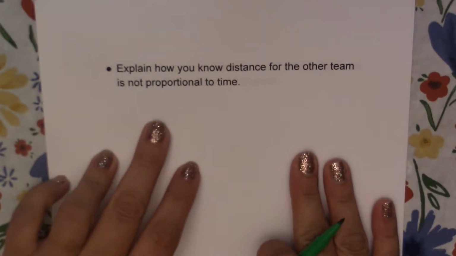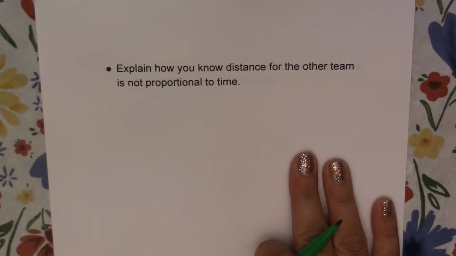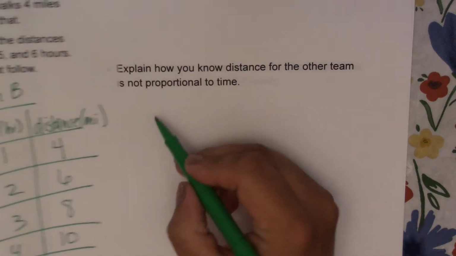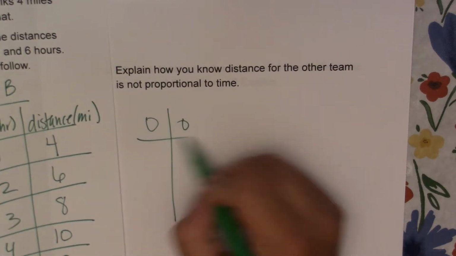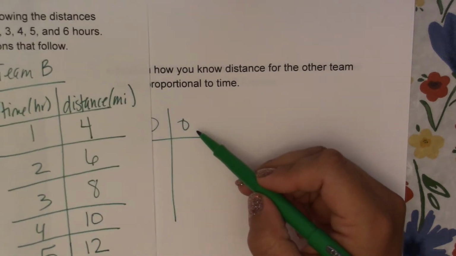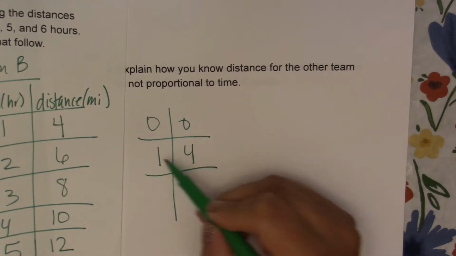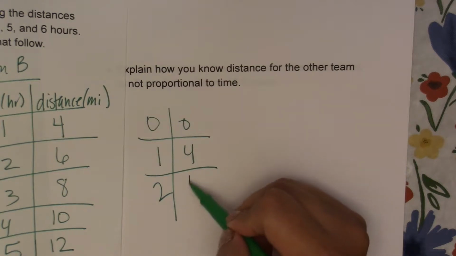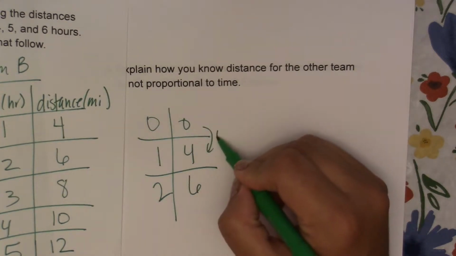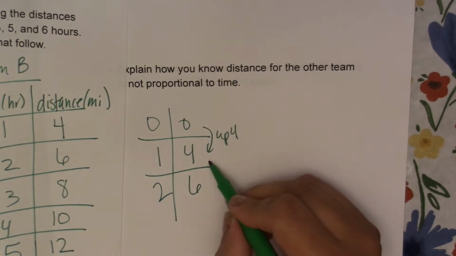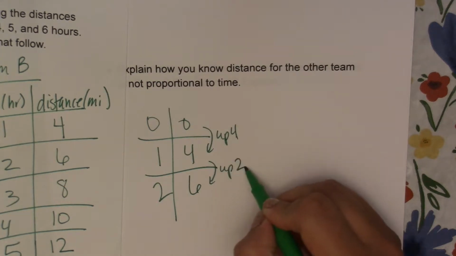Explain how you know distance for the other team is not proportional to time. So if we're looking at this one, let's consider that start of the race again. So our 0, 0 is our starting line. So that first hour, they went 4. And then that next hour, they went an additional 2 to get 6. So from here to here, it went up 4. And then from here to here, it went up 2.